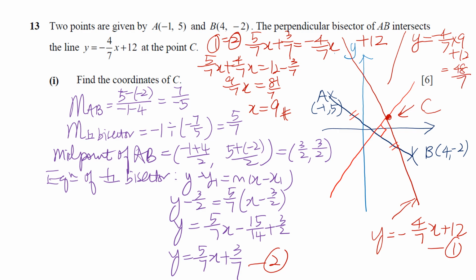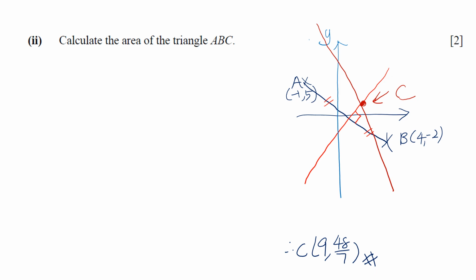So therefore, your point C is 9, 48 over 7. Alright, so we have found the coordinates of point C, which is 9, 48 over 7. The next thing is to find the area of the triangle ABC.